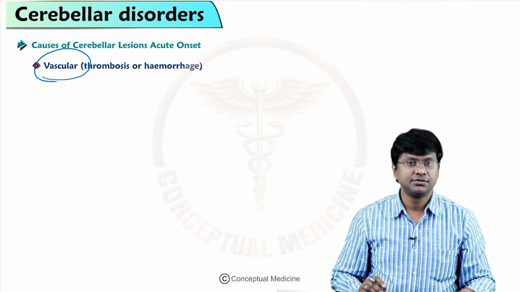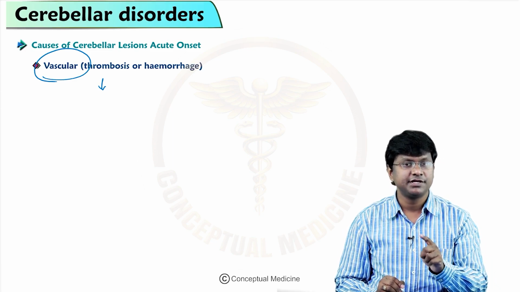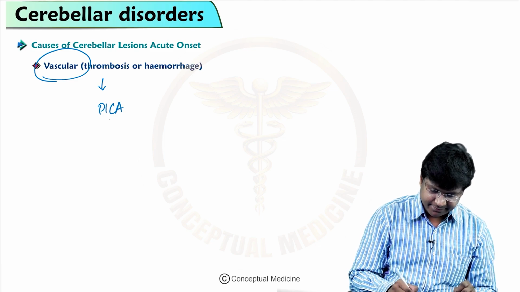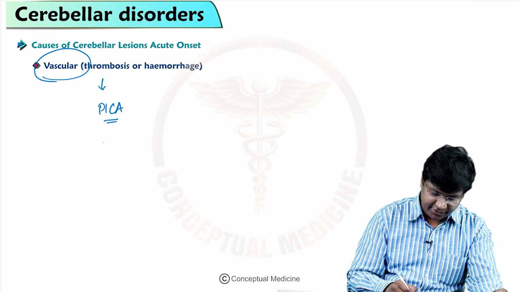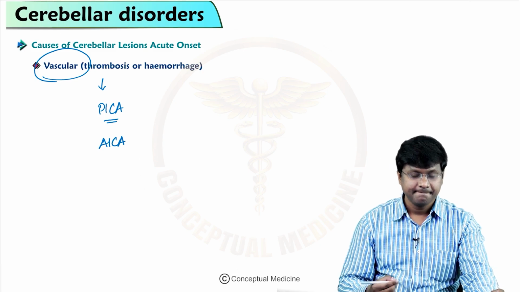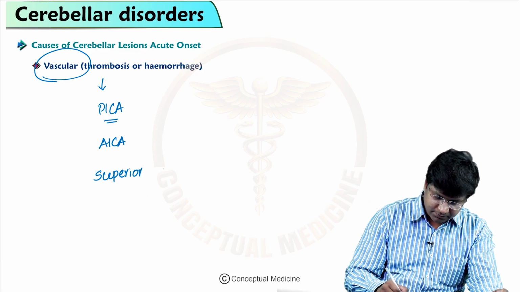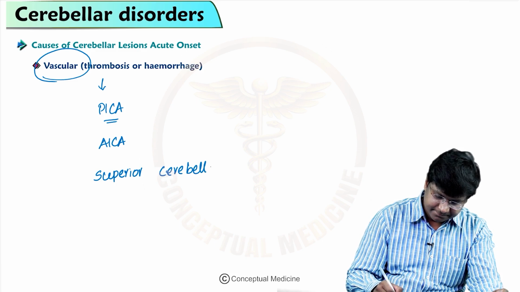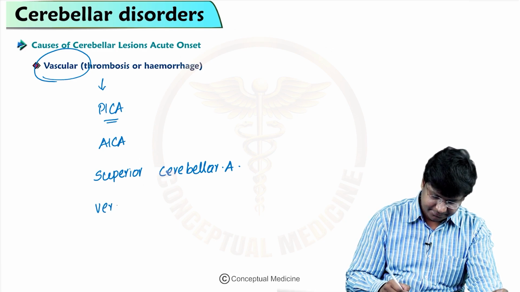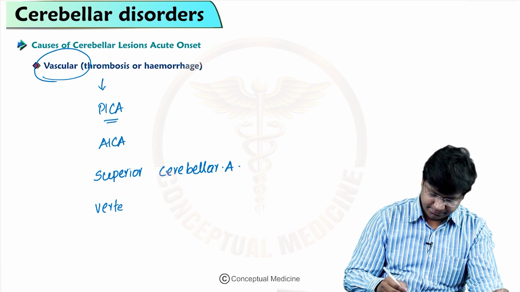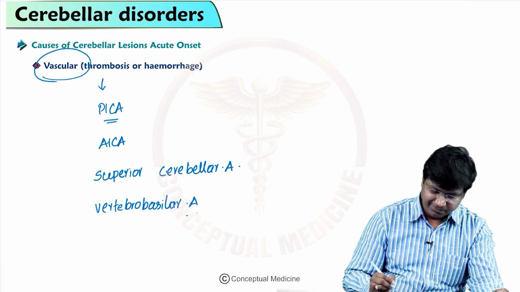What are the vascular lesions which are acute in onset? These vascular lesions include thrombosis of the posterior inferior cerebellar artery, that we call PICA, or thrombosis of the anterior inferior cerebellar artery, we call it AICA, and even thrombosis of or hemorrhage from the superior cerebellar artery, and lastly the vertebro-basilar artery.